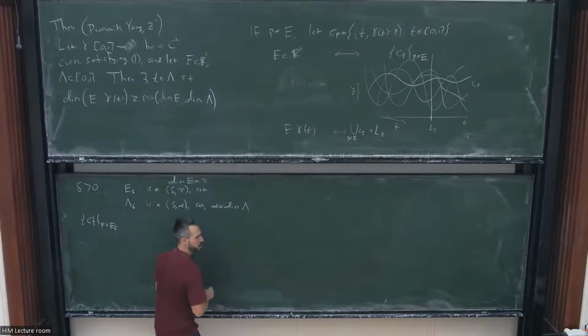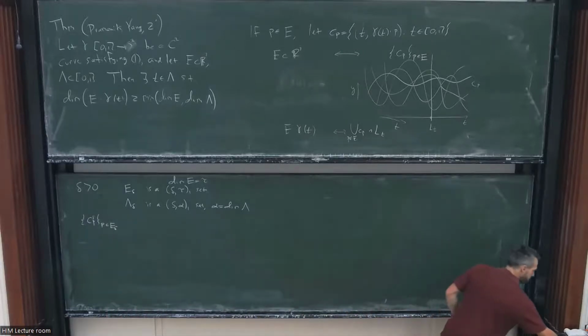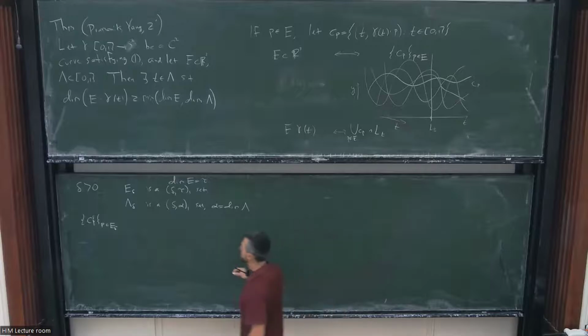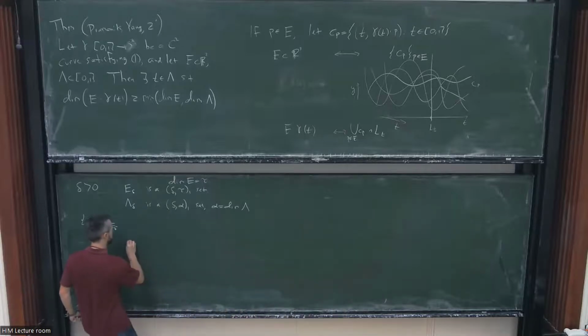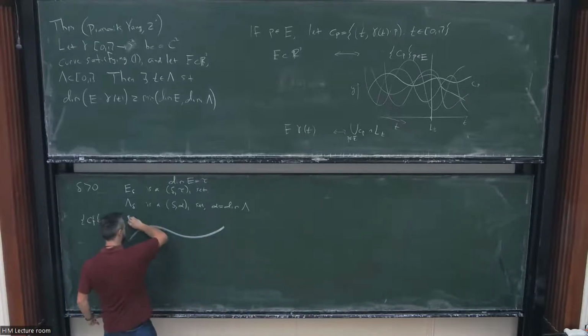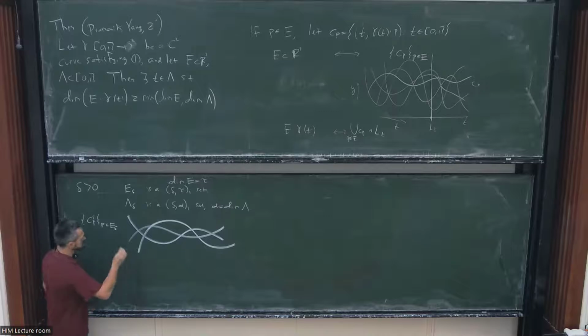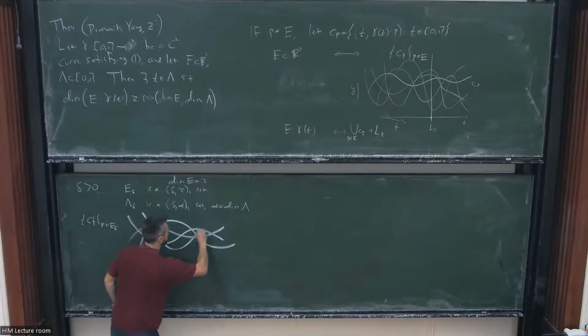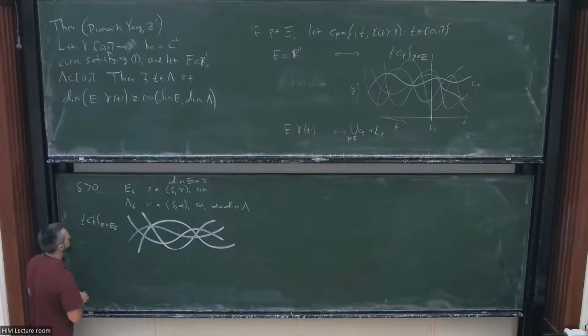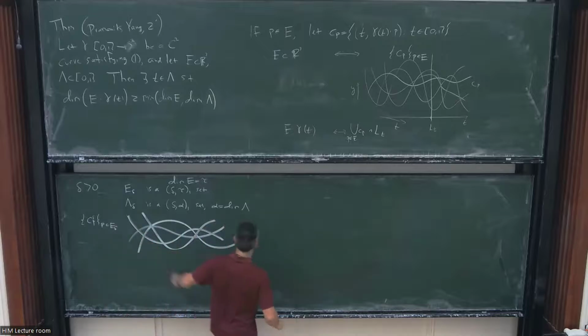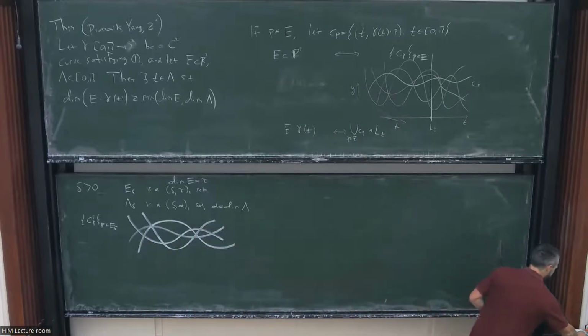Well, now these curves have a little bit of thickness, this thickness delta, which is meant to be fairly small, but nonetheless, it is not 0. And I have this set, the union of these curves C sub P delta.